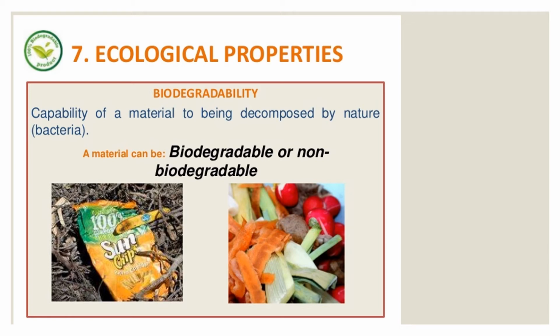For example, fruit and vegetable peels are biodegradable, but plastic cannot be decomposed easily. It takes hundreds or thousands of years to decompose. So this is non-biodegradable. So we can categorize a material on the basis of biodegradability.